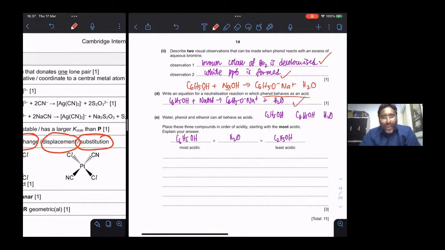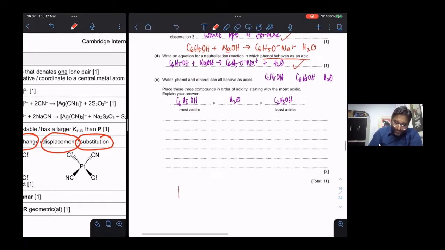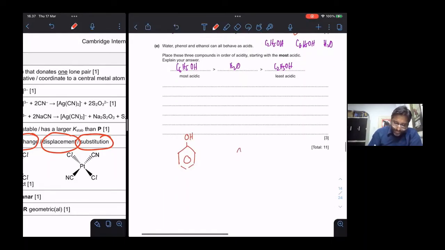Yeah, and then you have water, phenol, and ethanol, which can all behave as acids. Okay, so we are going to look at them in the form of a different order of acidity. So if you look at phenol, C6H5OH, and then C2H5OH, phenol is going to give you C6H5O- and H+.